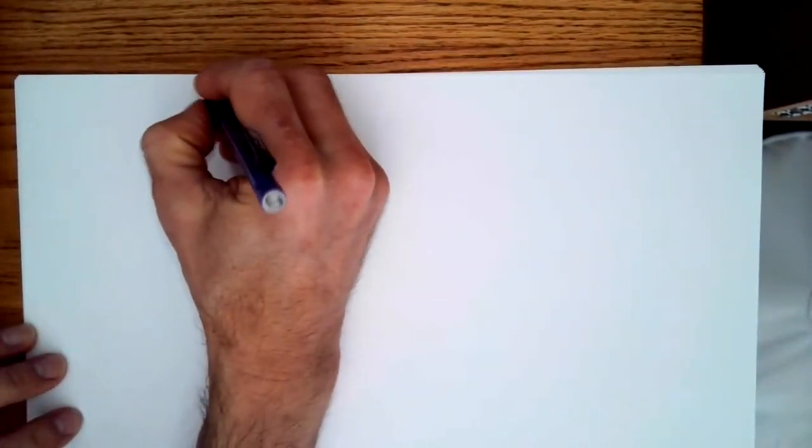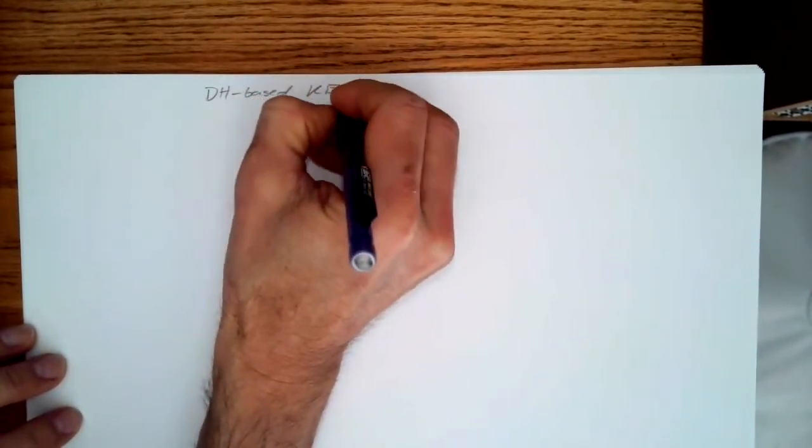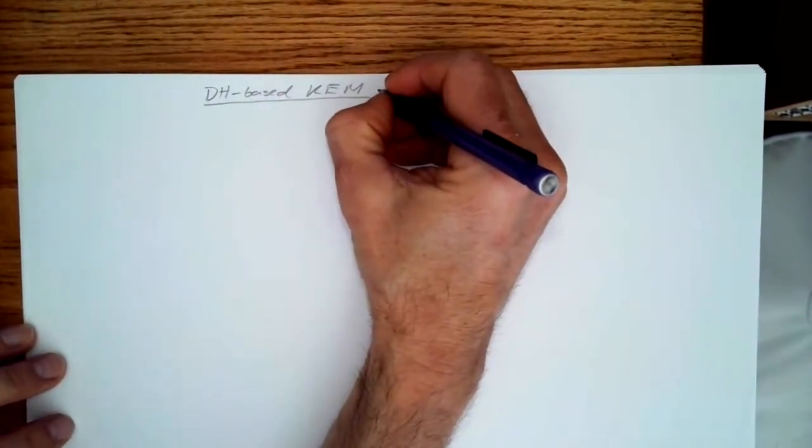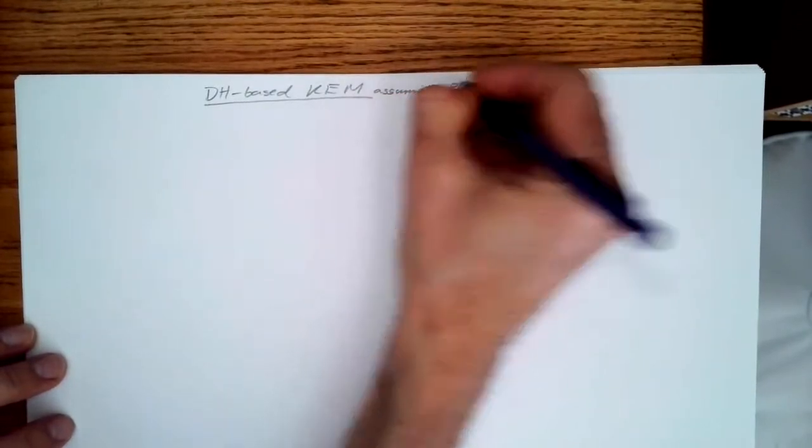Okay, so here is the DH-based KEM, assuming a random oracle hash.